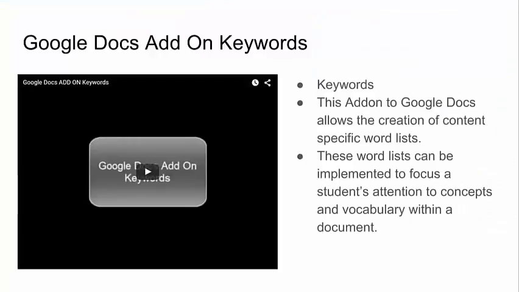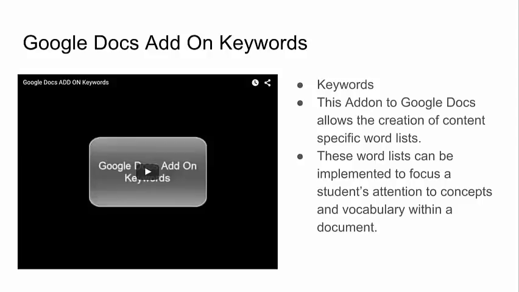Now this is keywords. It is available in Google Docs, but it's an add-on. And what it allows you to do based on a given document is select those keywords that have a high probability to support the vocabulary needs of a given article. So the teacher creates the keyword list.